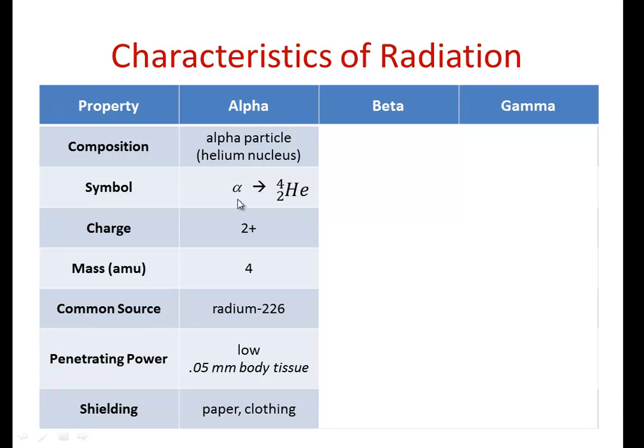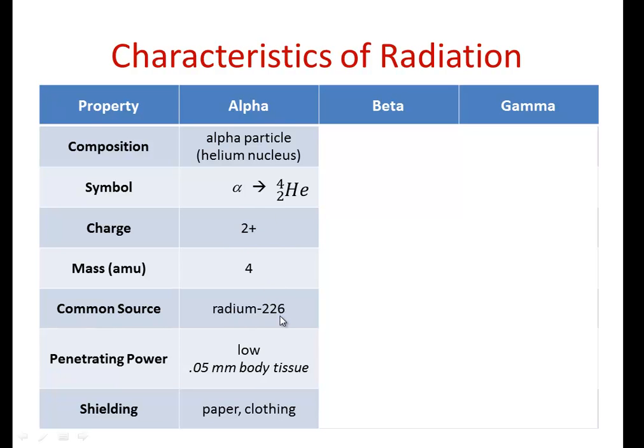It's represented by the lowercase Greek letter alpha, and it's symbolized using this nuclear notation. There are 2 neutrons and 2 protons in an alpha particle. So basically, if you take 1 atom of helium-4 and you strip off the 2 electrons, you're left with the helium nucleus, which is an alpha particle. So the charge is 2+, the mass is 4.